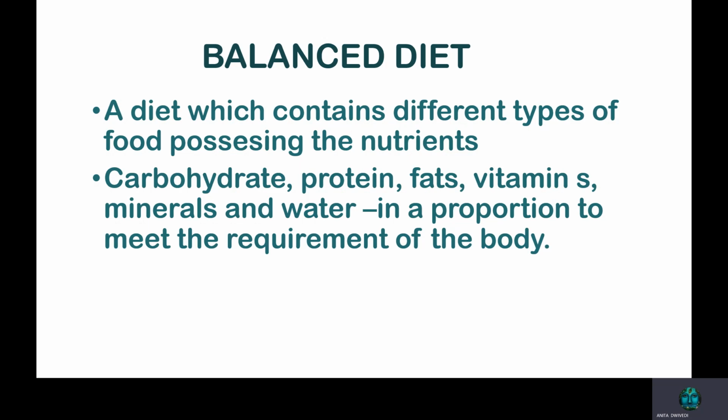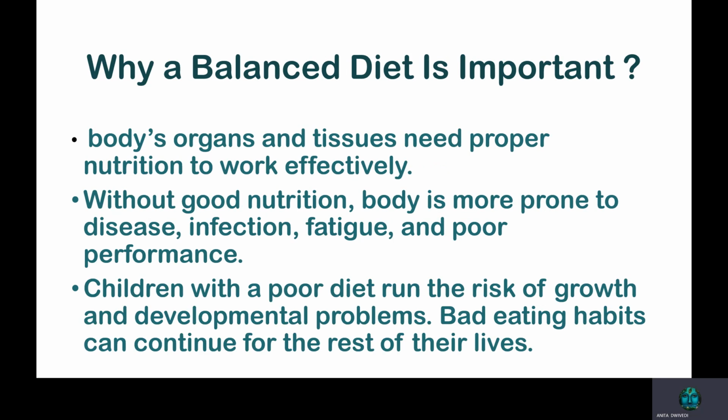The next topic is balanced diet. A diet which contains different types of food possessing the nutrients, carbohydrates, proteins, fats, vitamins, minerals, and water in a proportion to meet the requirement of the body. Why a balanced diet is important?